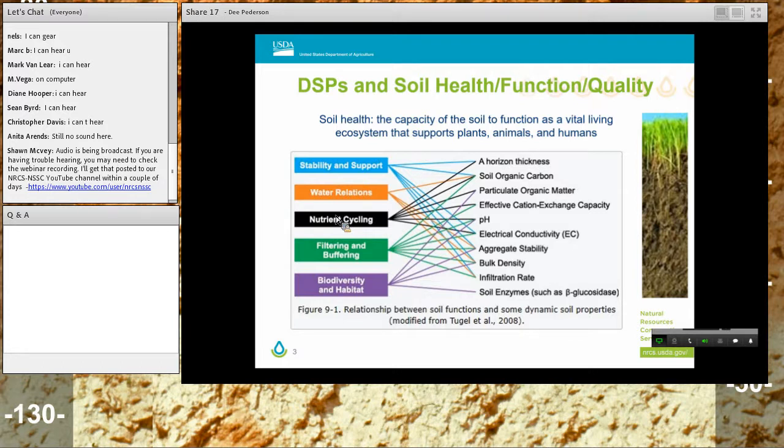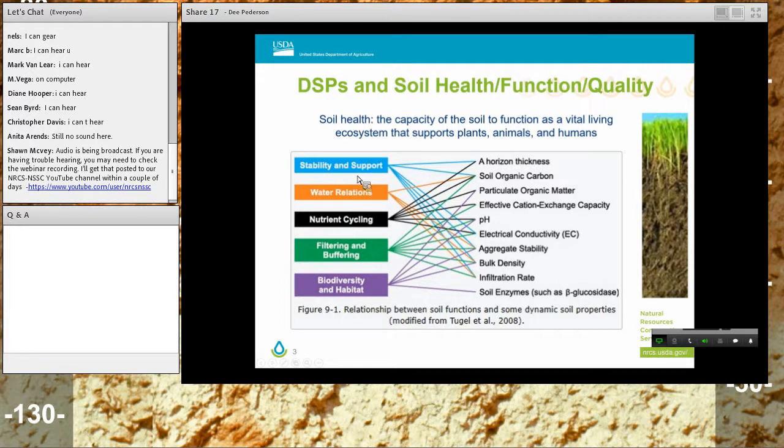NRCS has defined soil health as the capacity of the soil to function as a vital living ecosystem that supports plants, animals, and humans. So you can see how the basic indicators of soil function shown in this slide here relate to soil properties. The relationships overlap, exhibiting the importance of property documentation.